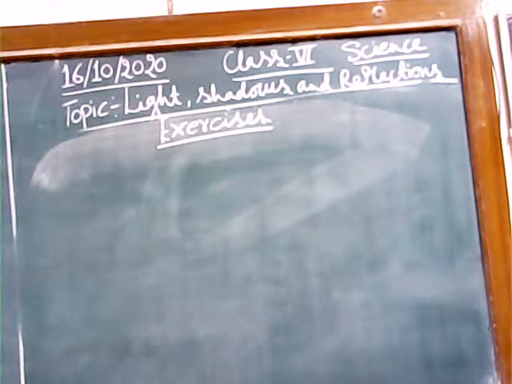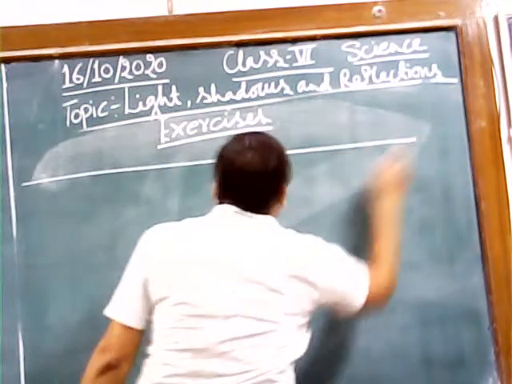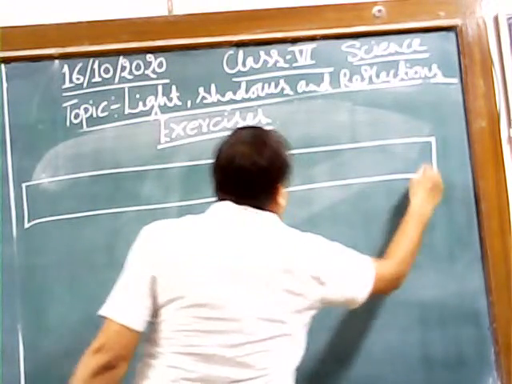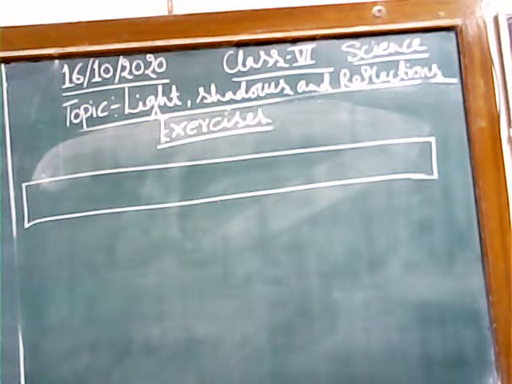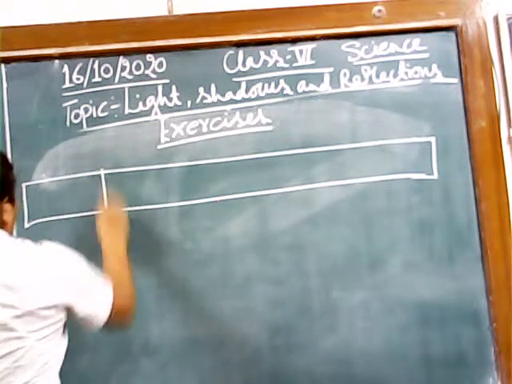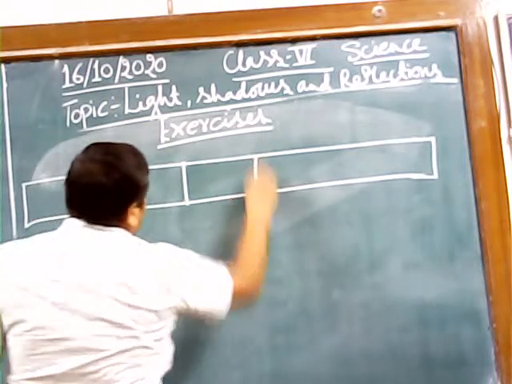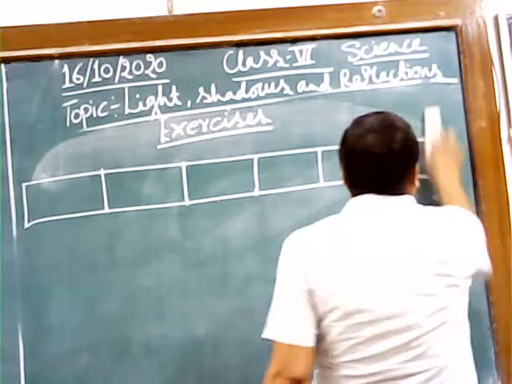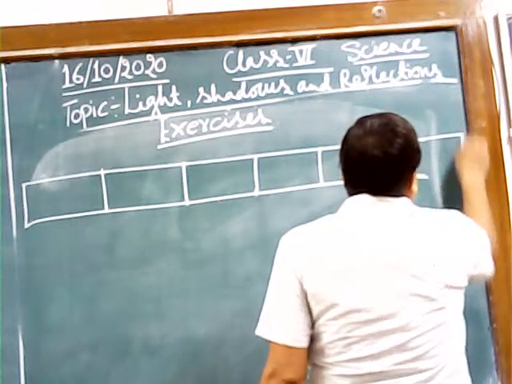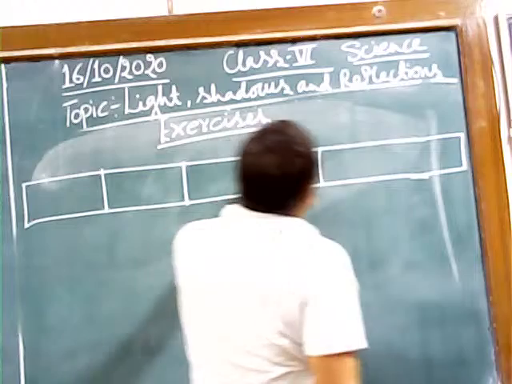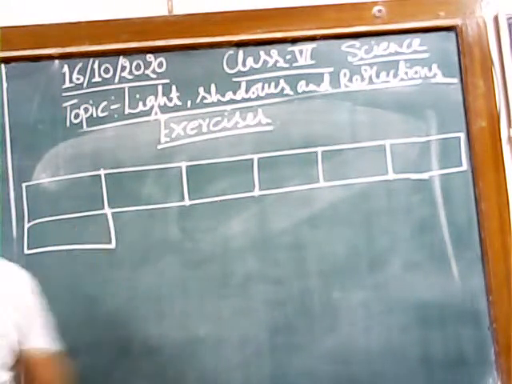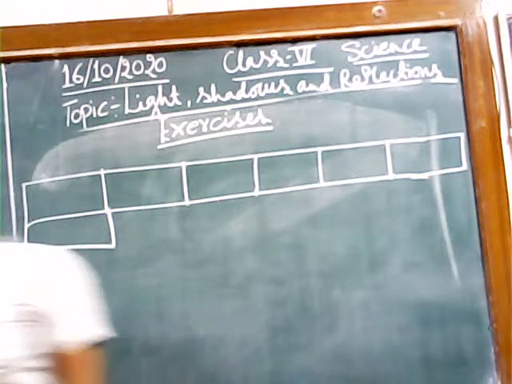First of all, let's make 1, 2, 3, 4, 5, 6, 7. तो ऐसे बना देंगे. Okay. So now this sentence you have to make a meaningful sentence out of it.